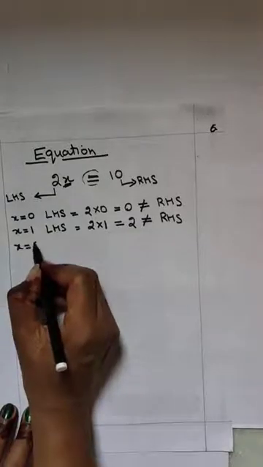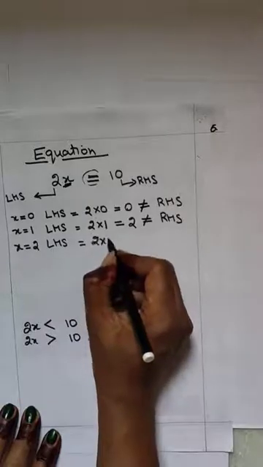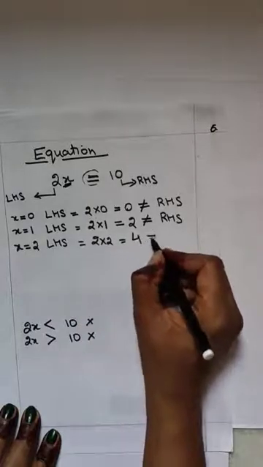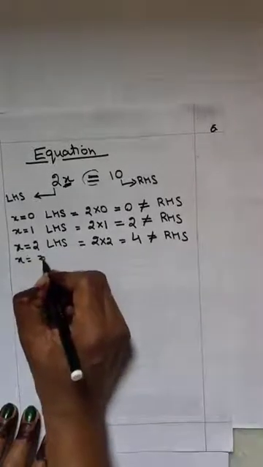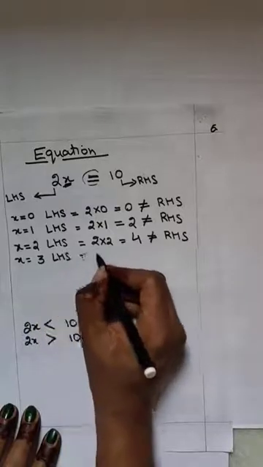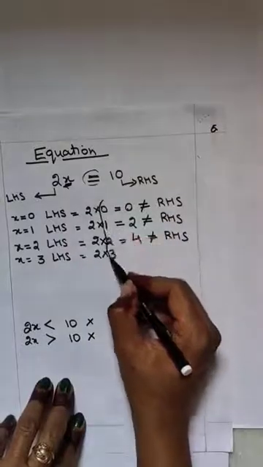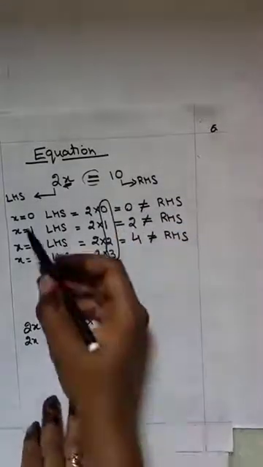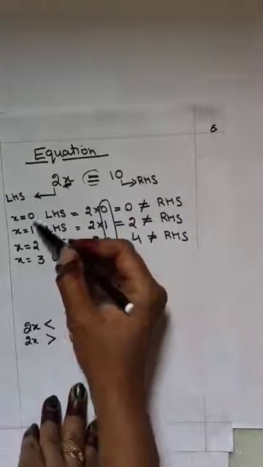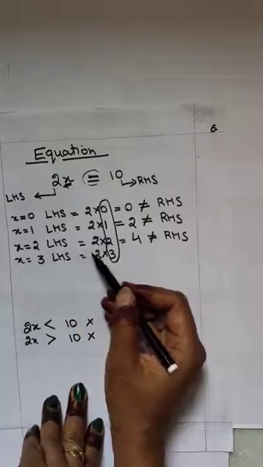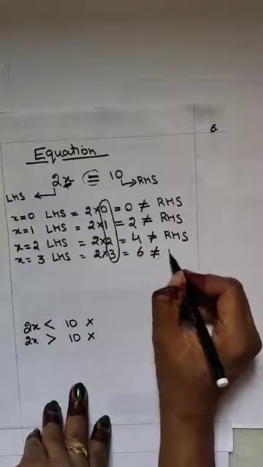Now x equal to 2: 2 multiplied by 2 is 4. This is also not equal to the right hand side. X equal to 3, left hand side becomes 2 multiplied by 3. In place of x, I am writing the value of x. 2 will remain constant as it is. So it is 6. It is not equal to RHS.